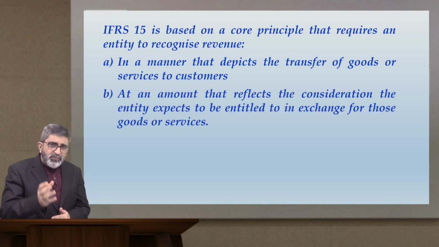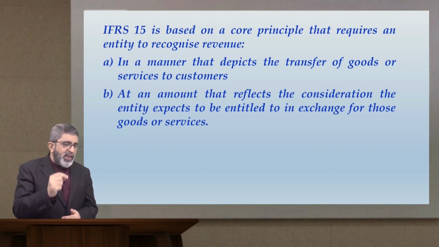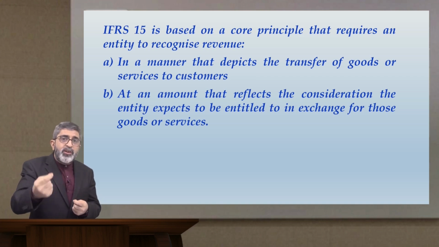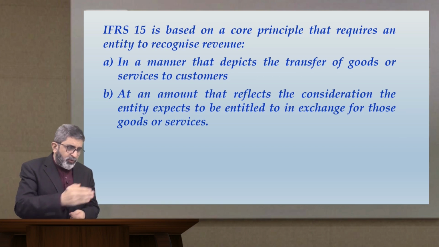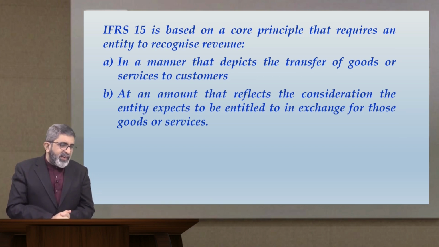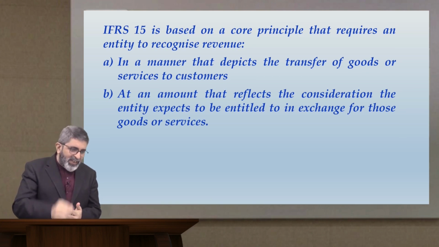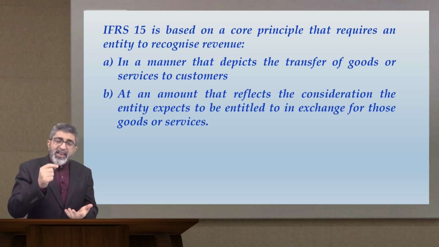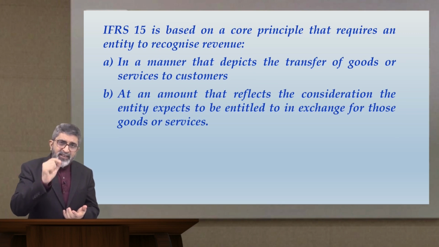And at what amount? At an amount that reflects the consideration. Consideration is basically something in exchange of goods or services that the customer has to pay. So it reflects the consideration the entity expects to be entitled to in exchange for those goods or services. I repeat, in exchange for those goods or services.